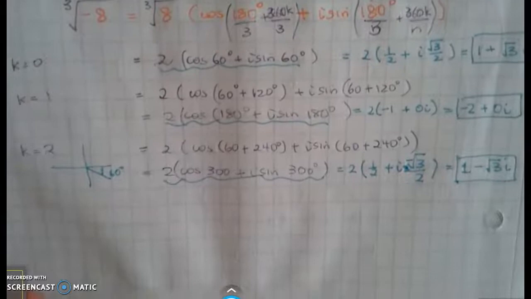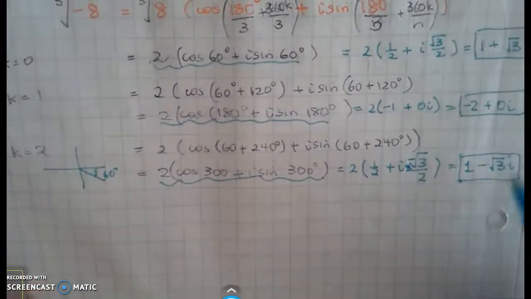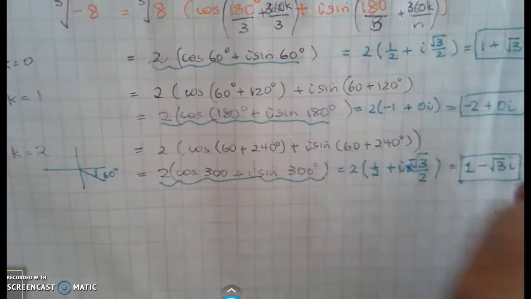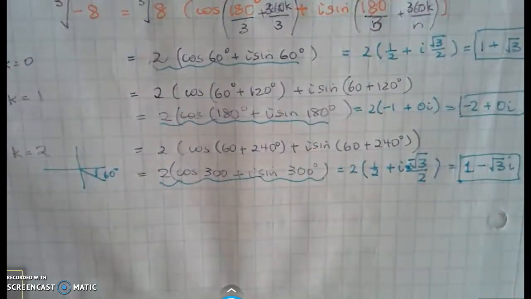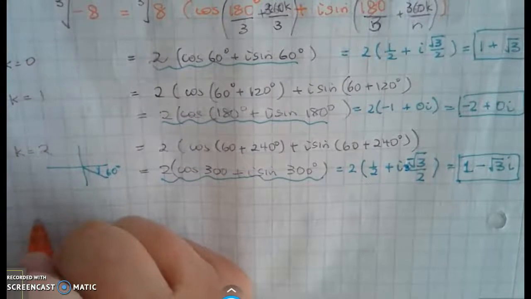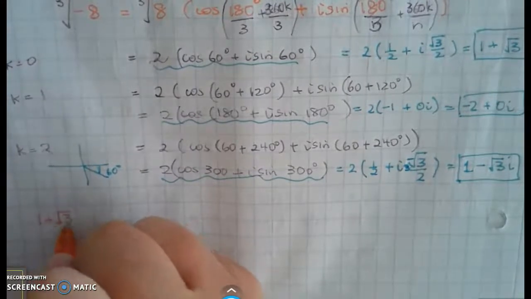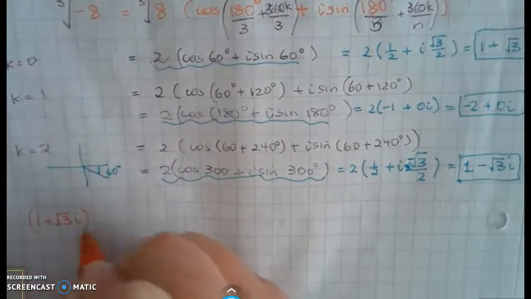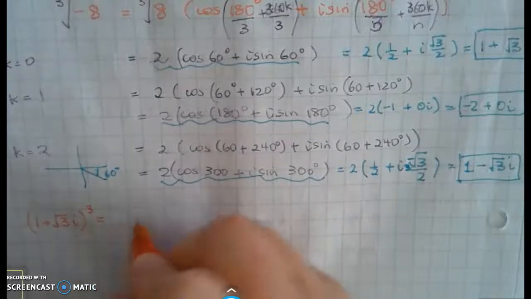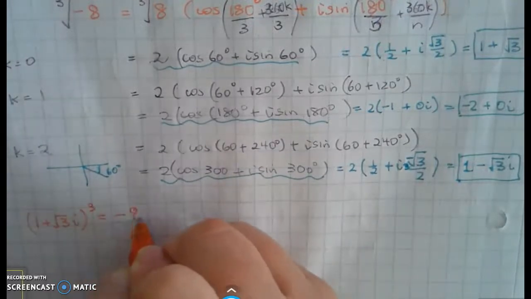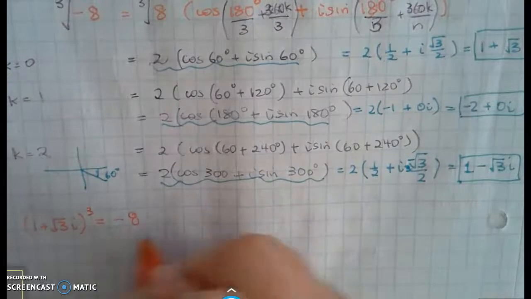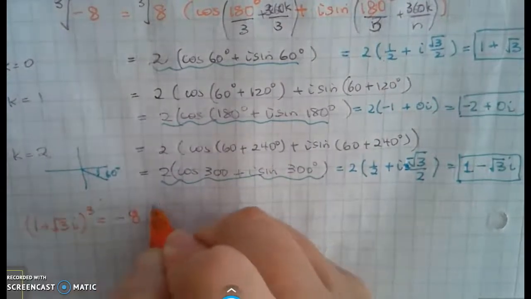Now, let's just check what we have just discovered, okay? And let's just pick one of them. What we have just found is this. If I have 1 plus root 3i, if I raise it to the power of 3, I should be getting negative 8. And let's just check, is that so?